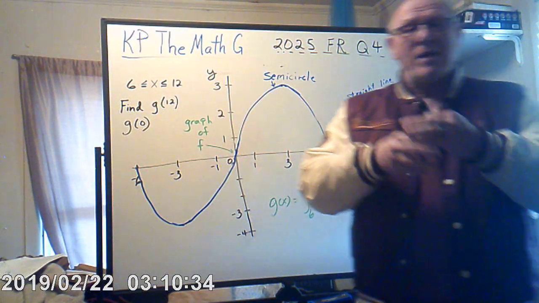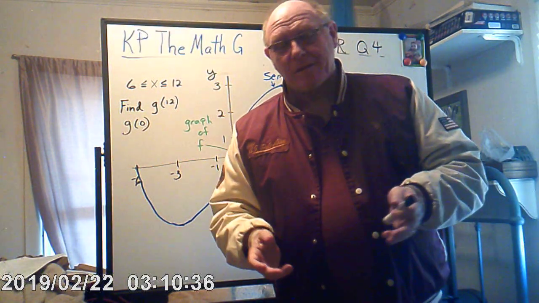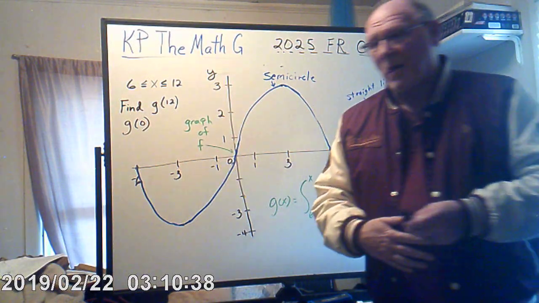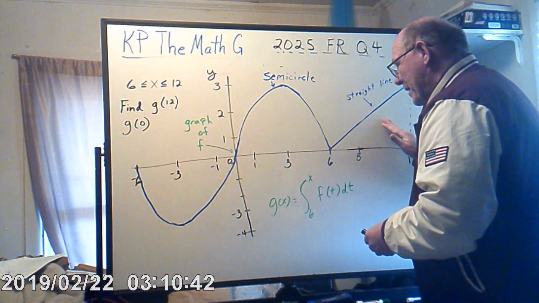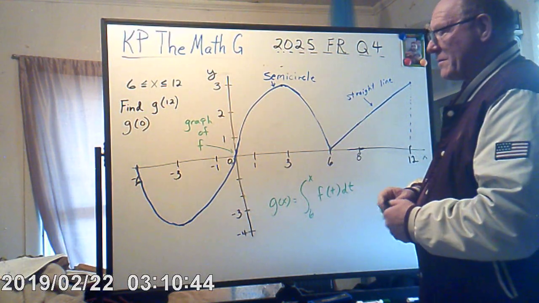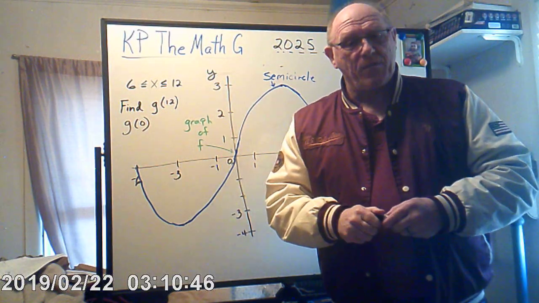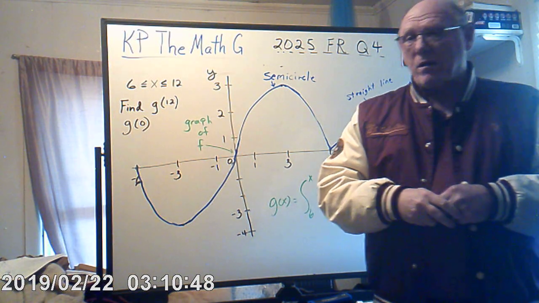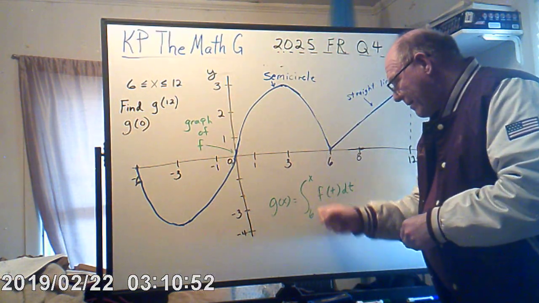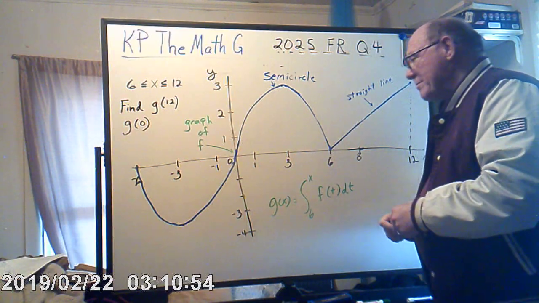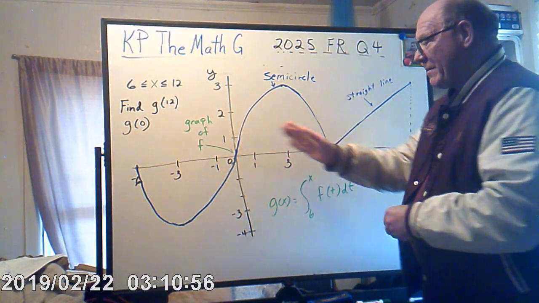Do you know the area of a circle? Okay, and so on and so forth. Do you know the area of a triangle, a semicircle? Stuff like that. And do you know how to integrate using this area right here?